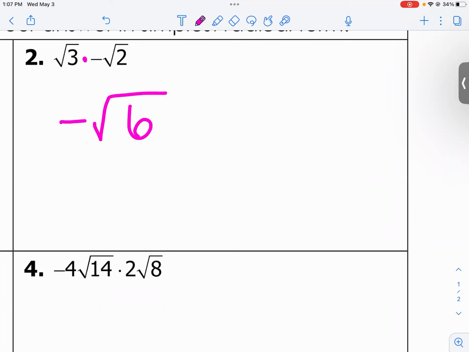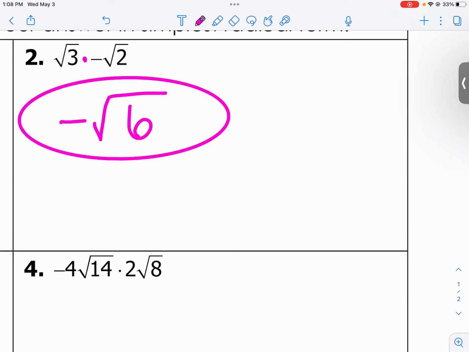Can we simplify radical 6? Our prime factorization is 2 times 3. Are either of those perfect squares? What squared is 2?